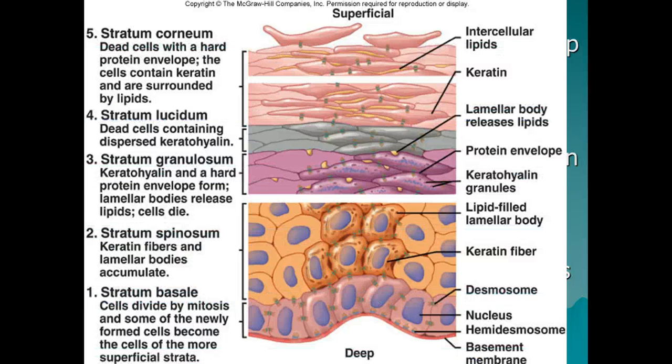Just another visual for this. Corneum, lucidum, granulosum, spinosum, basal. I like this one a lot better because it actually provides a brief description of what each layer is going on with those particular cells themselves. See how the stratum corneum, those cells are starting to flake away.